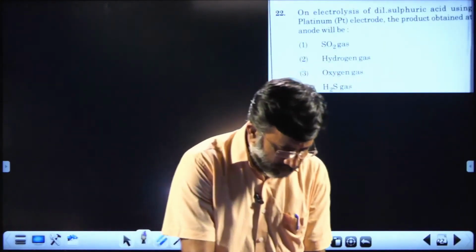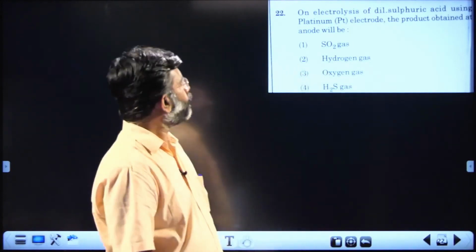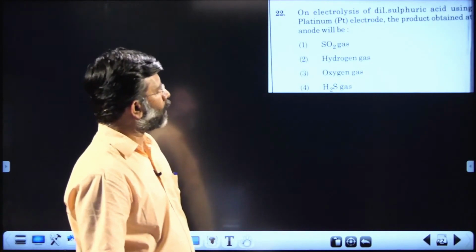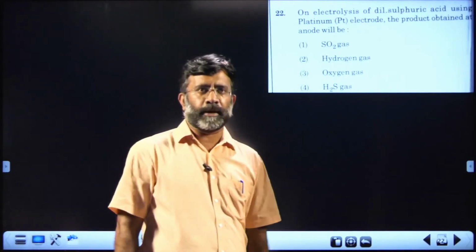22nd question. On electrolysis of dilute sulfuric acid using platinum electrode, the product obtained at the anode will be?